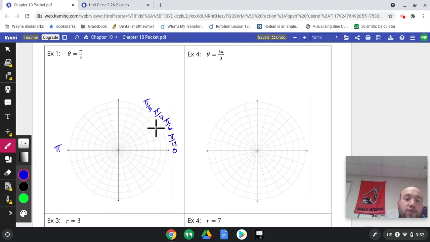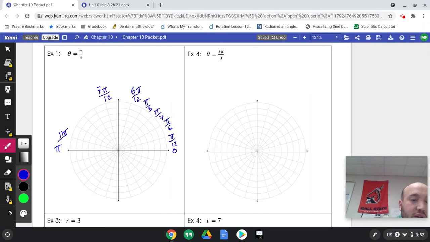Likewise, 1, 2, 3, 4, 5. This one up here will be 5 pi over 12. Okay, as we go across, we get 7 pi over 12. And right here would be 11 pi over 12.